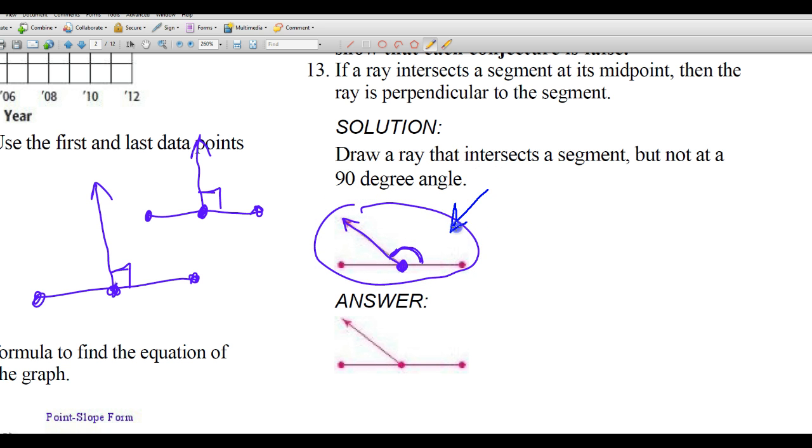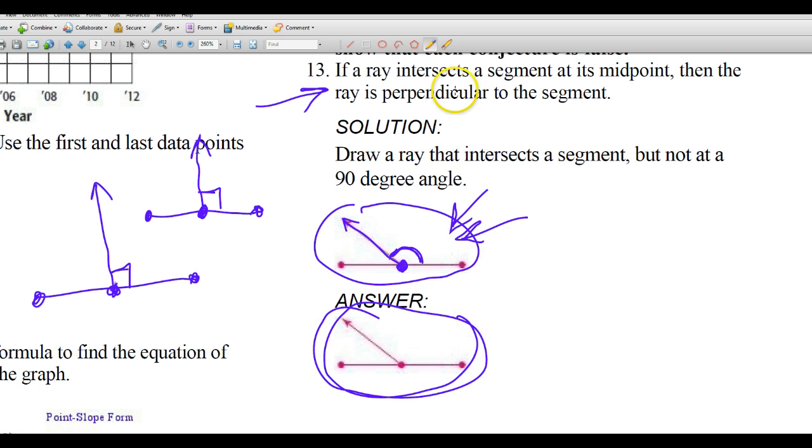This proves that this statement is false. If a ray intersects a segment at its midpoint, then the ray does not have to be perpendicular to the segment. It can form a different type of angle. So once again, this diagram is our counterexample to this conjecture.